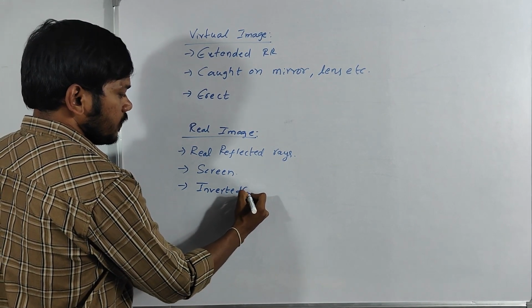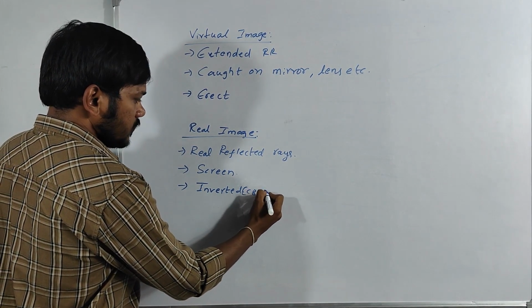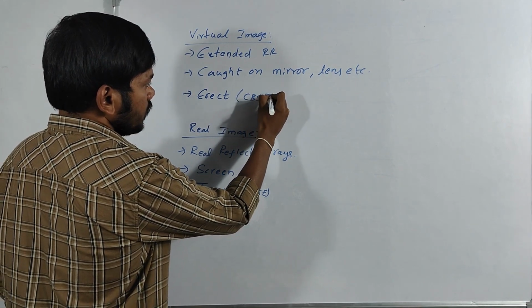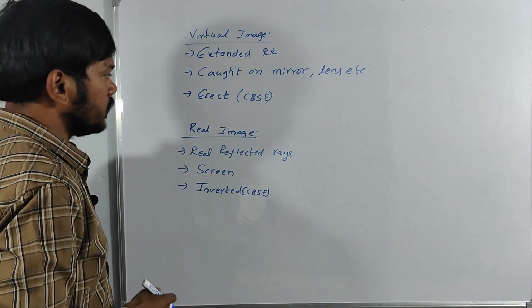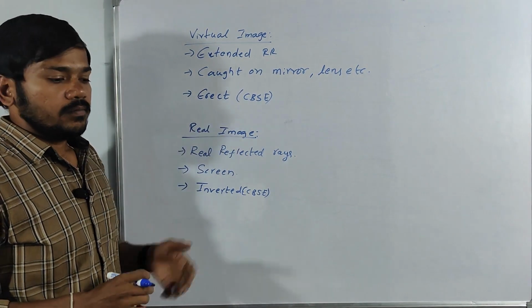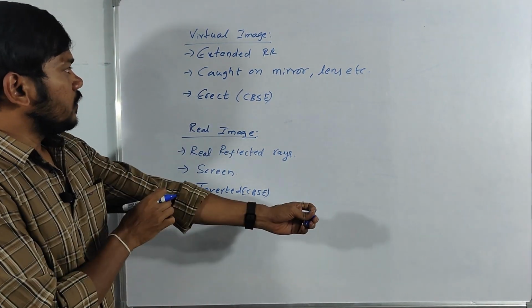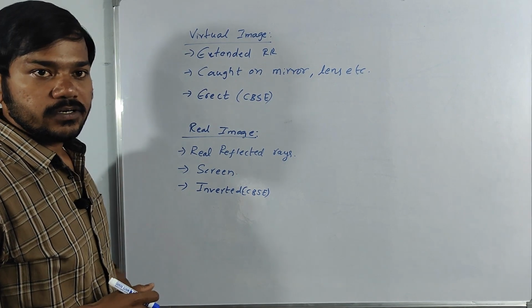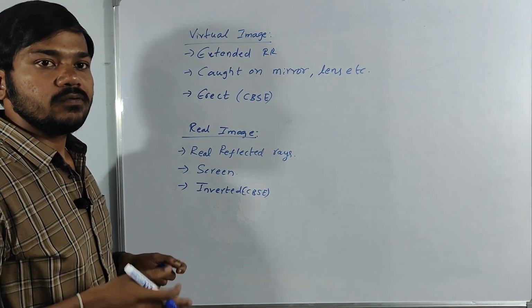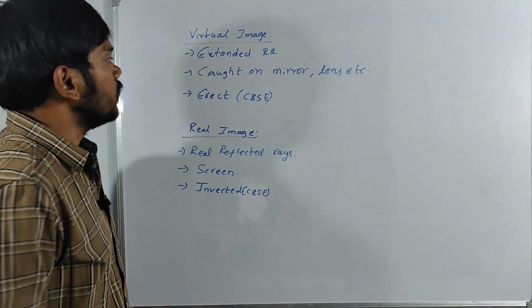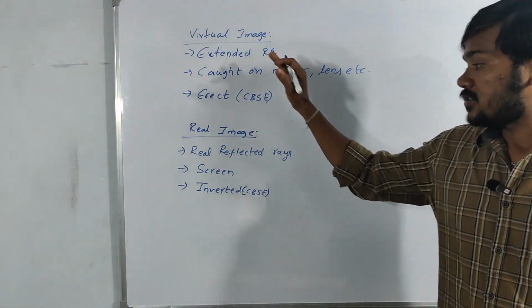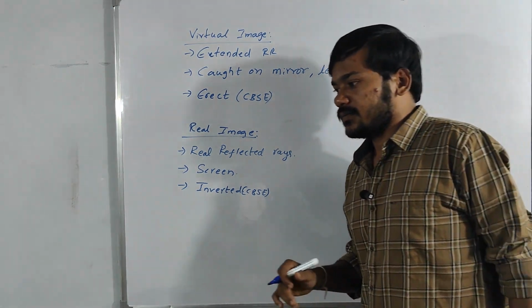This point is valid for CBSE and other boards too, and should be mentioned. But in real world conditions, if we want to get an inverted virtual image, what should we do? We will take an inverted object itself. So please remember the differences between virtual image and real image.